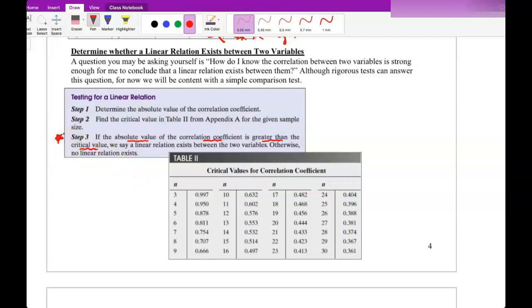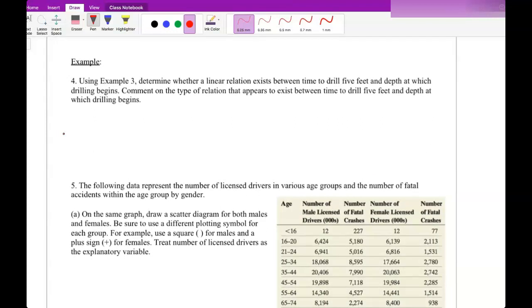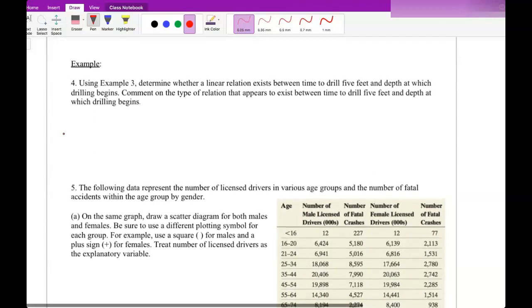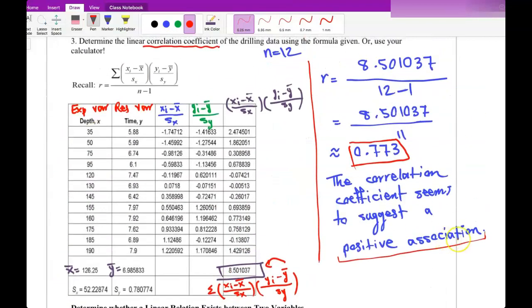This one is important. So if it's greater than, then we have a linear relation. If not, no linear relation. Let's have an example for that point. Example number 4, using example number 3.